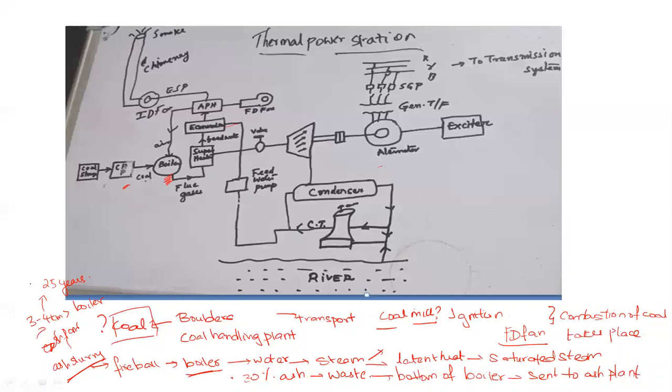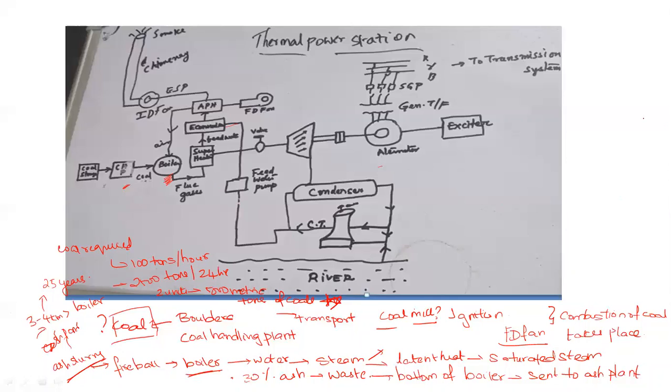For a 250 megawatt boiler, 100 tons per hour or 2500 tons per 24 hours is required. That means if two units are there, 5000 metric tons of coal is required to operate the two boilers of 250 megawatts.